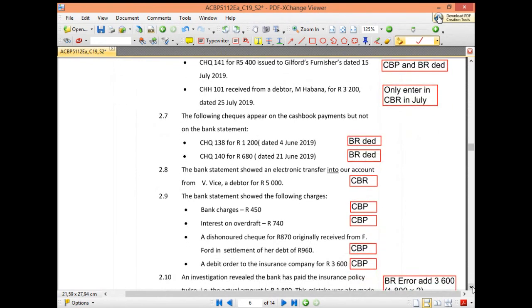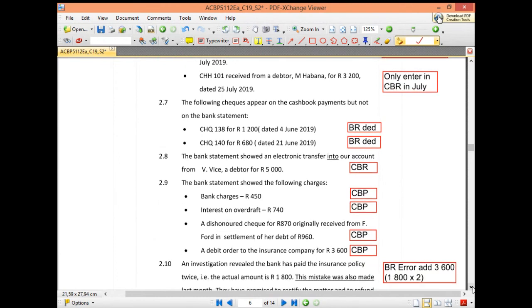And then the bank statement shows the following charges. So these are expenses that the bank has charged us, which we still need to reflect in our cash book payments. So it's the bank charges, interest on overdraft, the dishonor check. But remember, for the dishonor check, it is only for the value the check was initially. The other portion would generally go through your general journal for the discounts allowed.